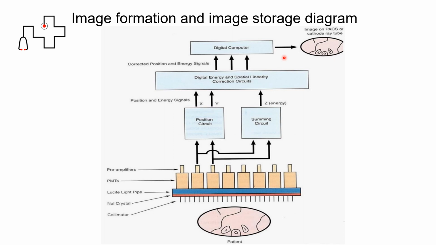The computer also allows the operator to enhance a particular structure by adjusting the contrast and brightness of an image. The image also can be seen in the PACS system.